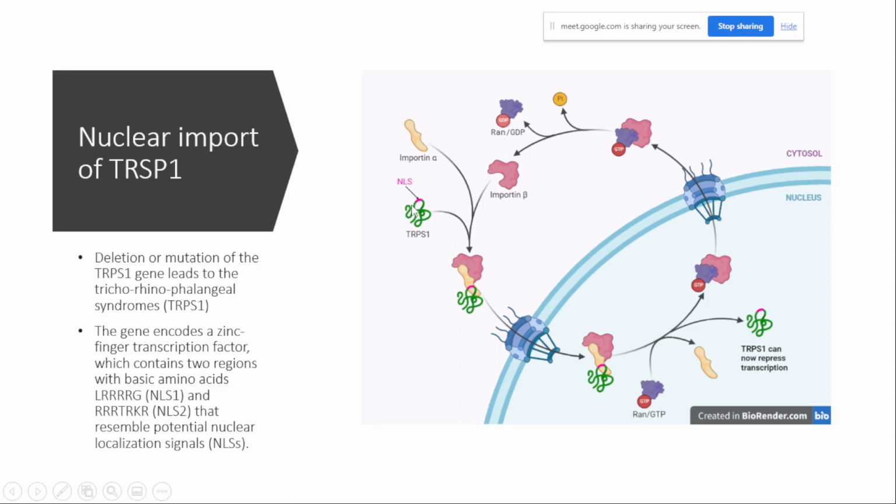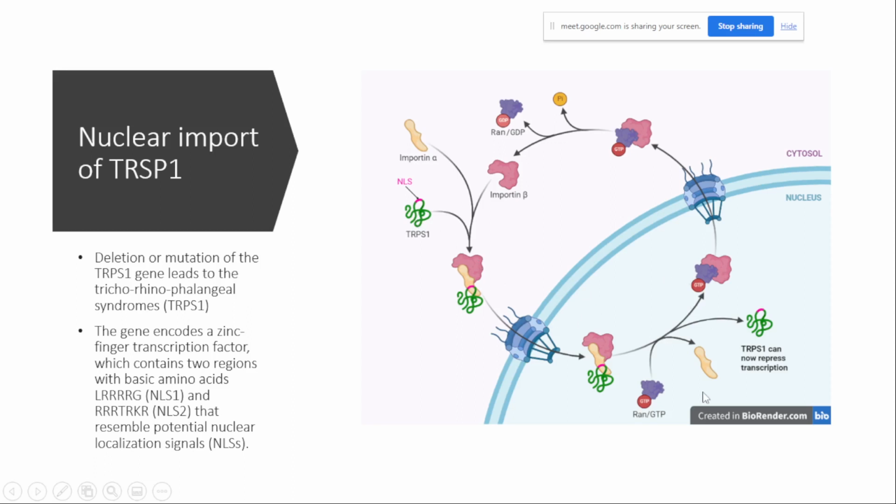But actually, if you want to directly measure whether your protein is imported to the nucleus or not, the best experiment for that purpose is FRAP, fluorescence recovery after photobleaching. In this, you will first tag your protein with GFP or any fluorescent tag.